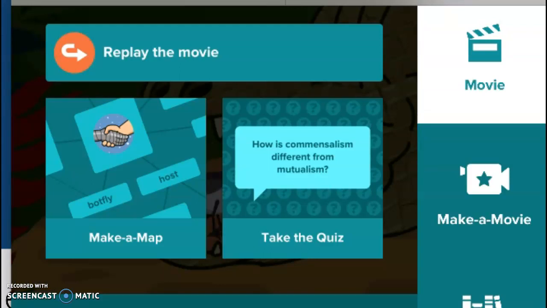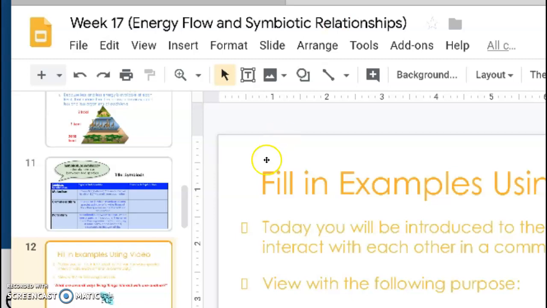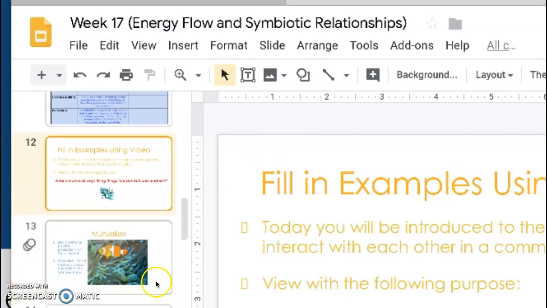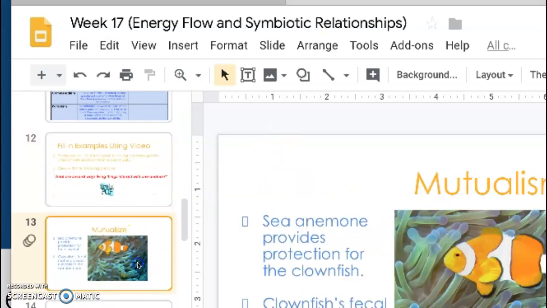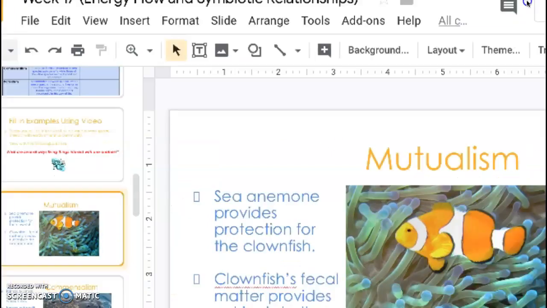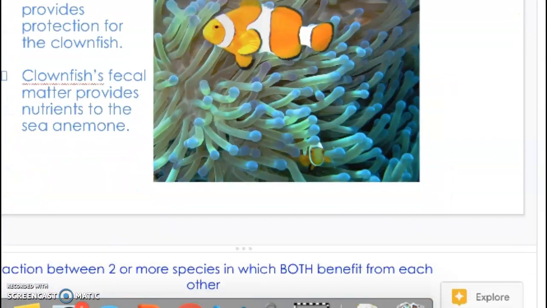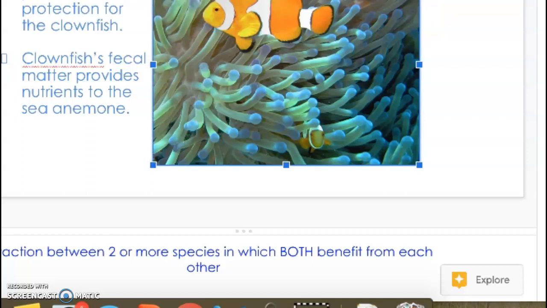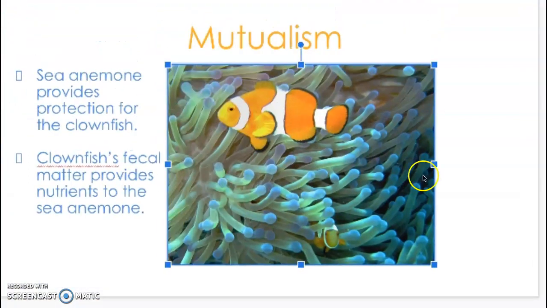Okay, so there's that. If you need to, you could rewind it and figure out some examples of each symbiotic relationship. But here I want to go over a few of my own. Here's an example of mutualism.